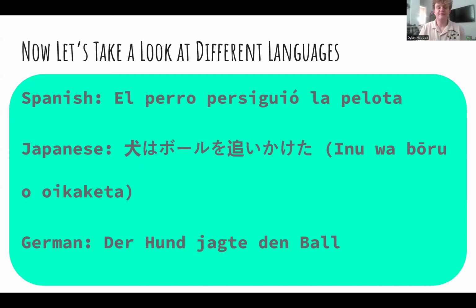All right, now I'm going to have you guys take a look at a couple different languages. I'm sorry, three actually. I am not a master language speaker. I went ahead and Google translated these. So if any of you guys are more familiar, I'm sorry if they're incorrect. But first of all, we have "el perro persiguió la pelota."